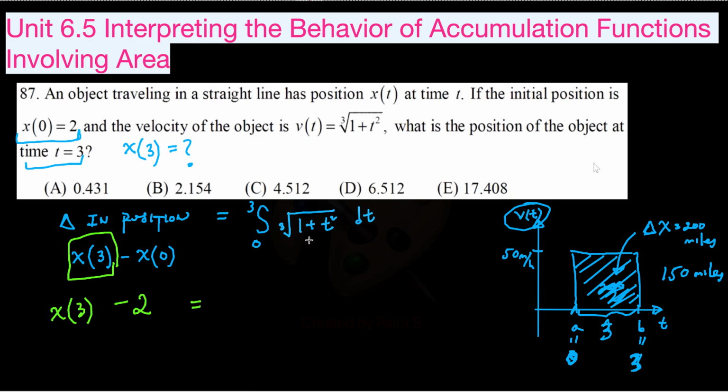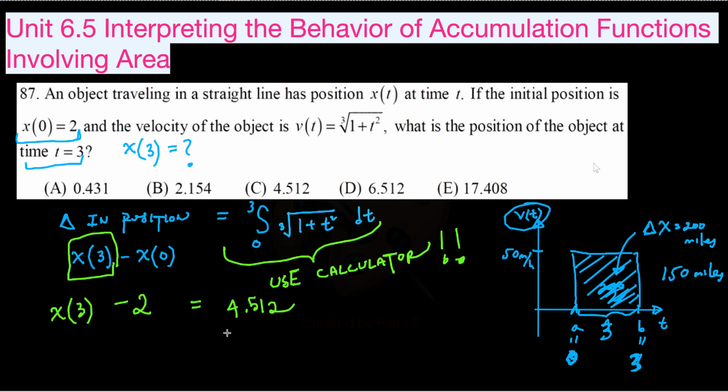X sub 3 equals, and now for this part, this is key, use your calculator. You've got to get out your calculators in this case. Use the calculator for this definite integral, and what you'll get for this definite integral is 4.512.